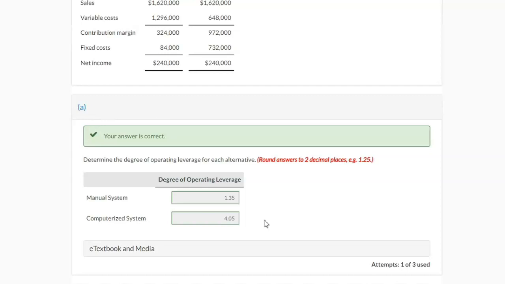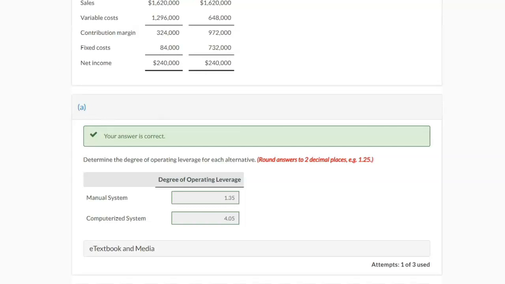What's that? Okay, now I understand. So 1.35 multiplied by 1.079 is equal to 1.45. Okay. Now I have to multiply this 1.456 by 240. Then I have to minus the amount which I'm getting, 240, to get the increase.